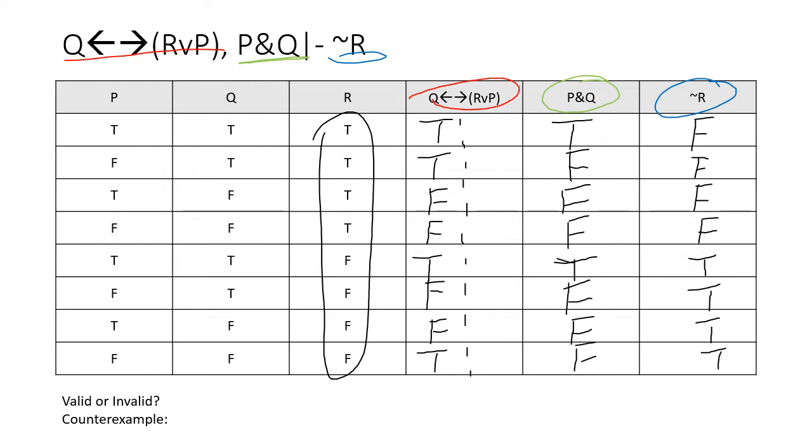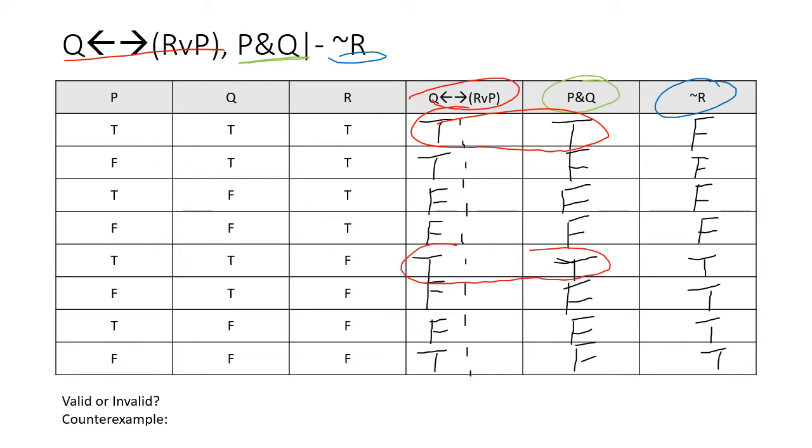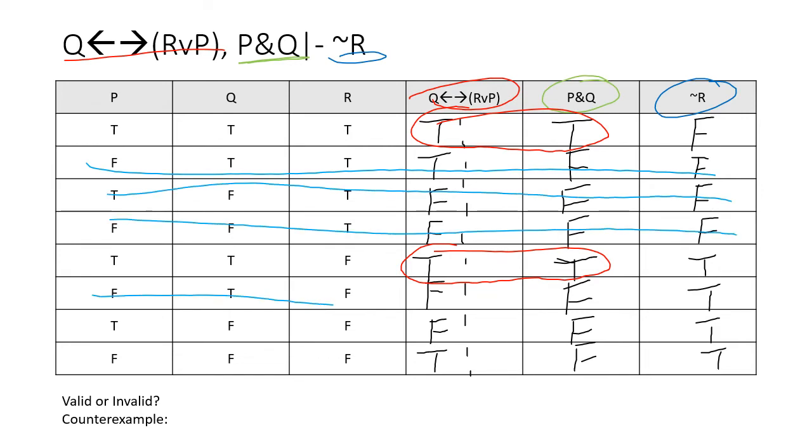And then we can actually check for validity now. And we're going to look for instances in which all the premises are true. Those would be the only two. And I guess I can cross out these other ones, make it a little bit clearer. We're not interested in those.